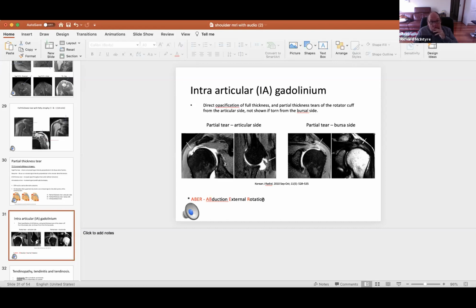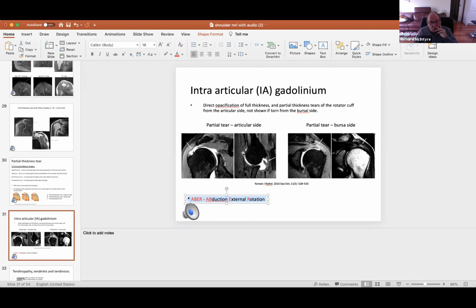We also have, when we do intra-articular imaging of the shoulder, a view called ABER. It's abduction, external rotation of the shoulder joint. So this is the shoulder joint in an ABER view, and this shows the shoulder joint really well.